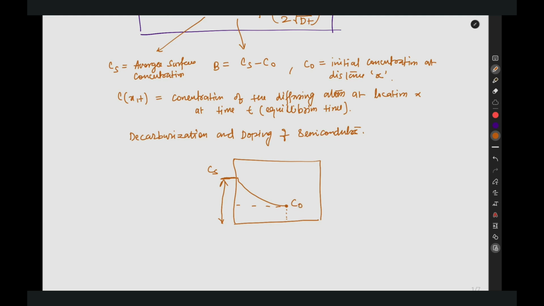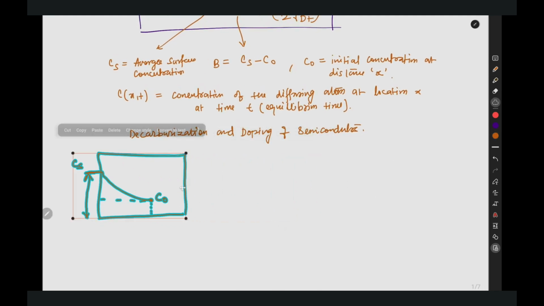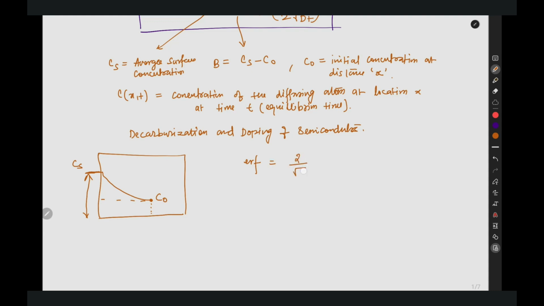There is some extra information. The erf function is given by 2 by root pi integration from 0 to x by 2 root Dt of exponential minus y square dy.